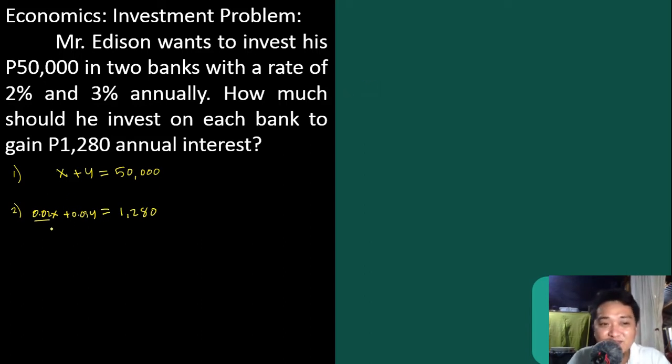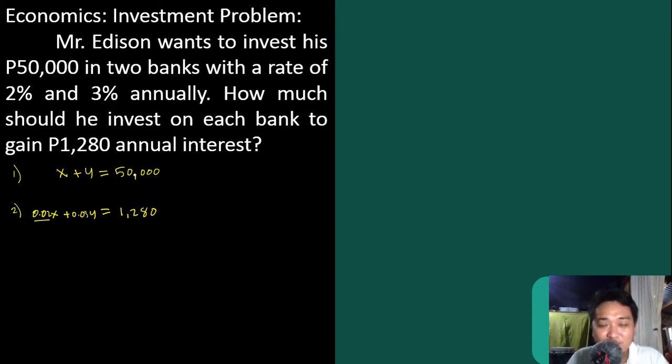Okay. So, 0.02 times kung magkano yung ininvest niya sa unang bangko, plus 0.03 or 3% times kung ilan yung ininvest niya sa pangalawang bangko. Pag in-add yung dalawa, ang tubo, annual, sa pinagsamang interest, ay 1,280. Ganun po yung ibig sabihin niya.